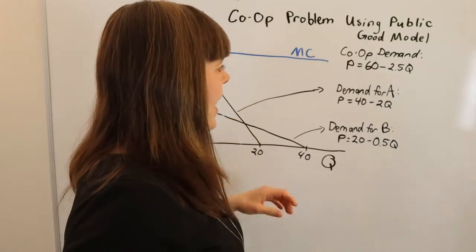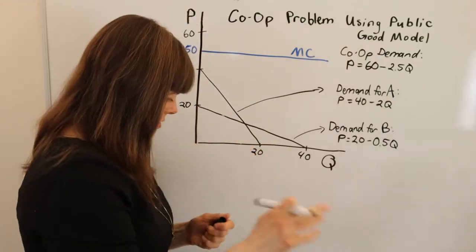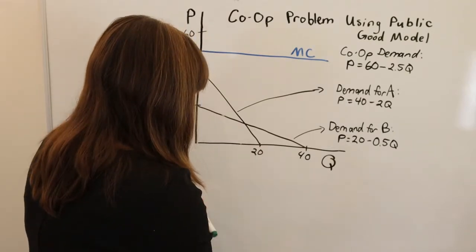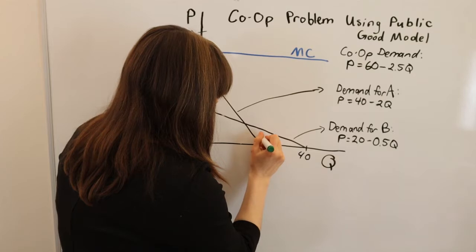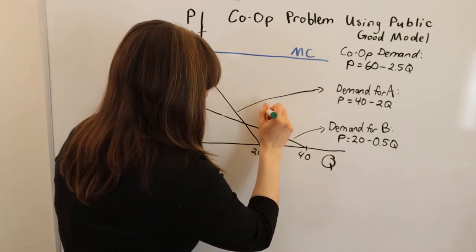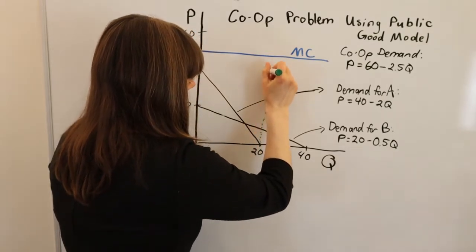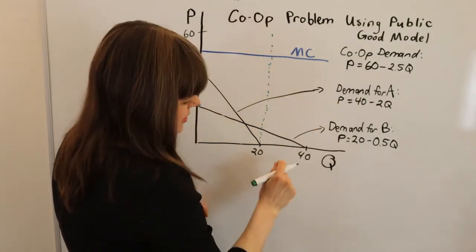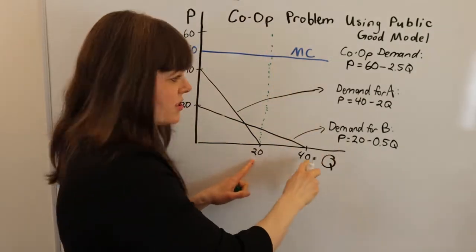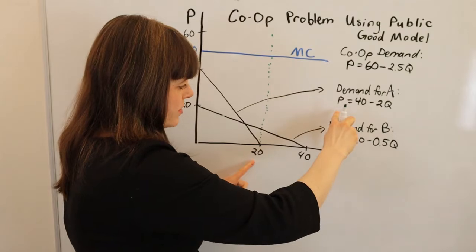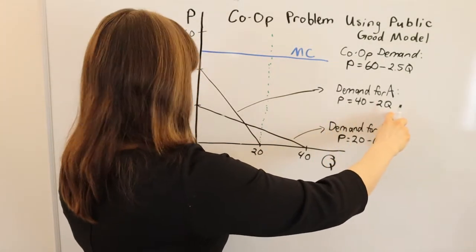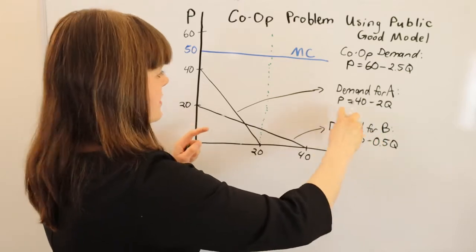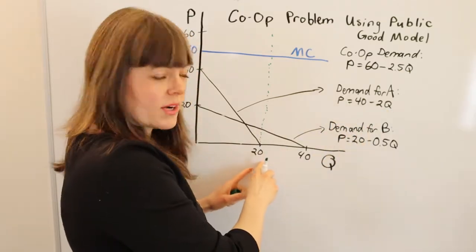So how do we think about drawing this? Let's use green here. So we know that for prices above $20, and 20, I came up with these prices with these intercepts by saying when price equals 0, what is firm A's quantity that they want?